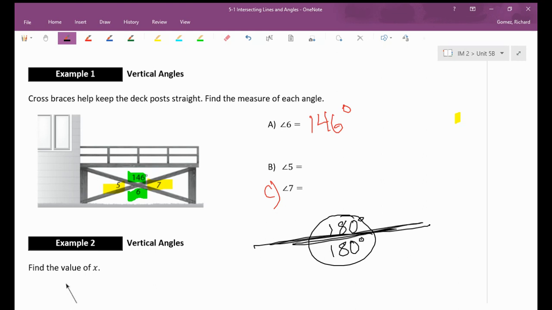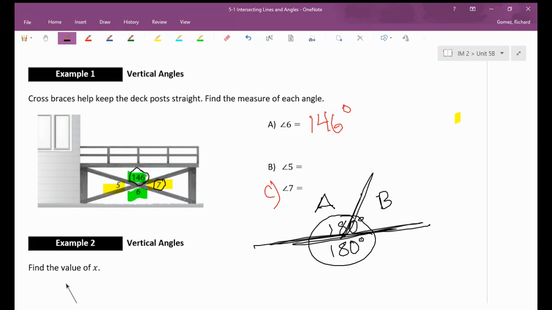So when you break that 180 degrees with another angle, you create supplementary angles, angle A and angle B. And that's what we have here with 146 and 5, or 146 and angle 7.